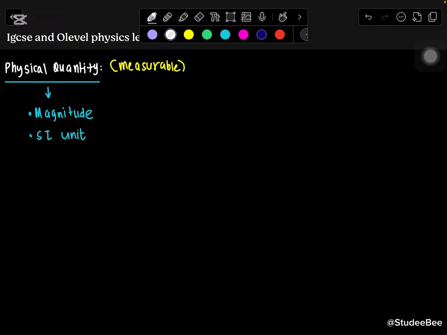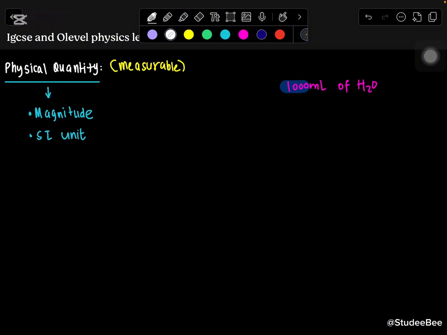Let's say, as I mentioned in an example earlier, that your water bottle contains 1,000 ml of water. Now, this number, 1,000, tells you the amount of water in your water bottle. Or let's take another example.